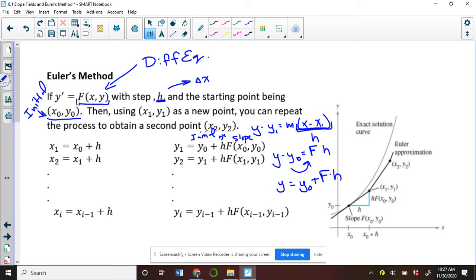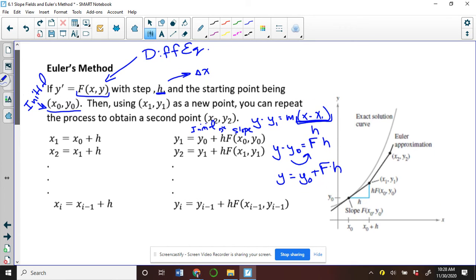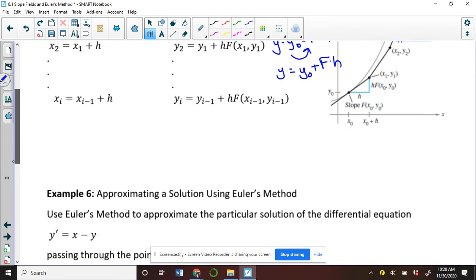We'll add our change in x or our step to our x value, and then we'll calculate our slope from the slope equation, or our y equals mx plus b equation, and just continually calculate a new portion of our values. This is little notebook worthy. Please make sure this is in your little notebook under your differential equations portion. This will be a hot topic for the BC portion of the exam.